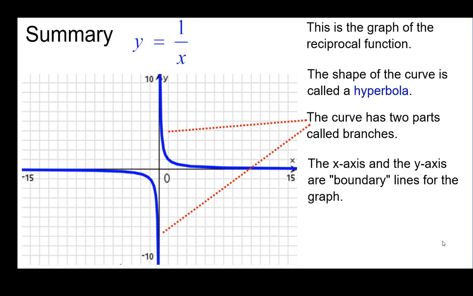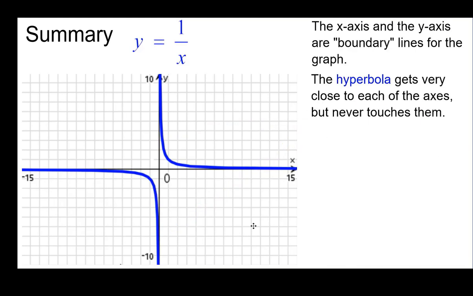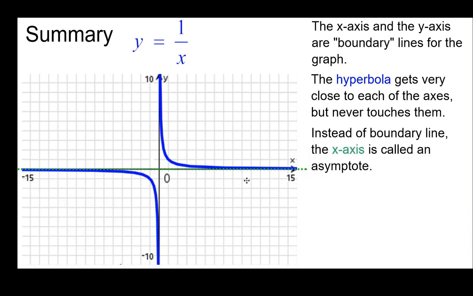The x-axis and the y-axis serve as boundary lines for the graph, meaning the graph gets close to those lines but never actually touches them. So here's the x-axis in dotted green.